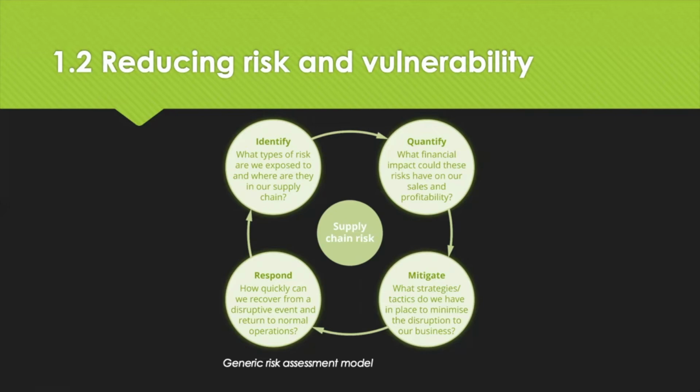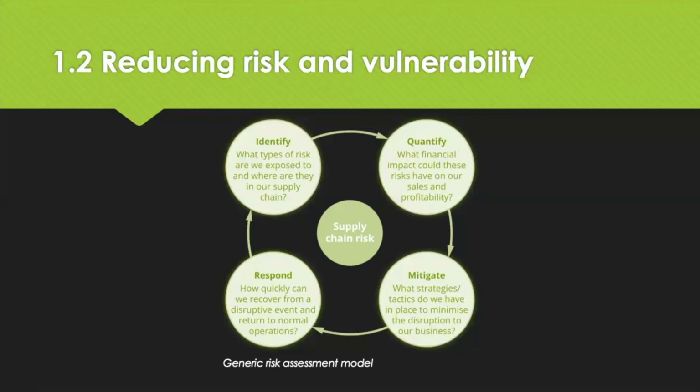And segmentation can contribute to understanding the supply chains within an organisation, but you'd need to undertake a risk assessment for each critical product or service. So step 1 is to identify where the risks arise. Step 2 is to quantify that risk by evaluating the likelihood of the impact as well as the impact.